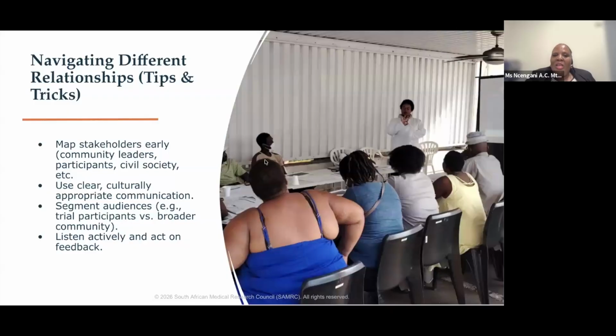This slide is talking about working with the communities to build different relationships, which is effective to sustain our clinical trial. We always start by mapping our stakeholders, including the community leaders, participants, some members of the civil society, as well as other research organizations.